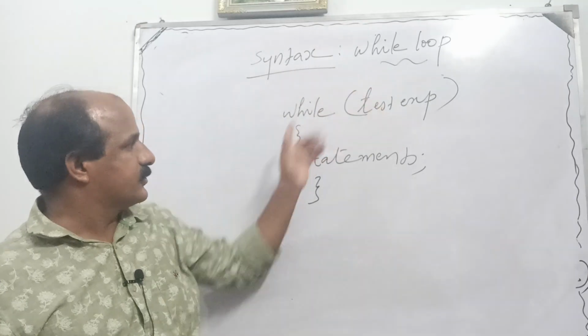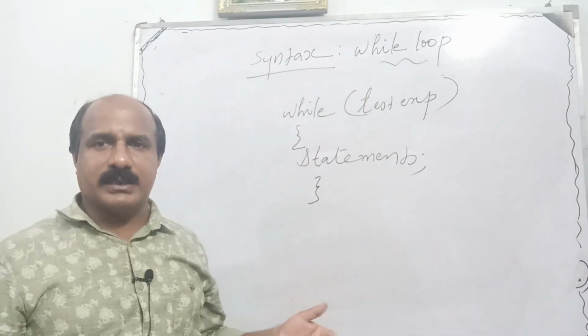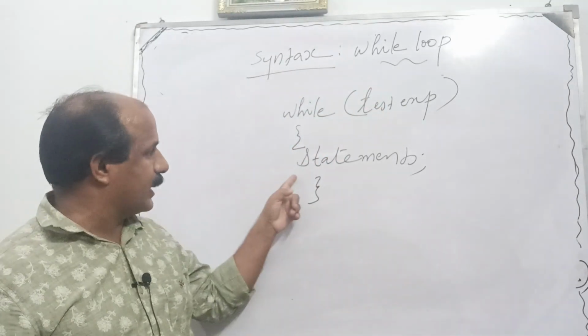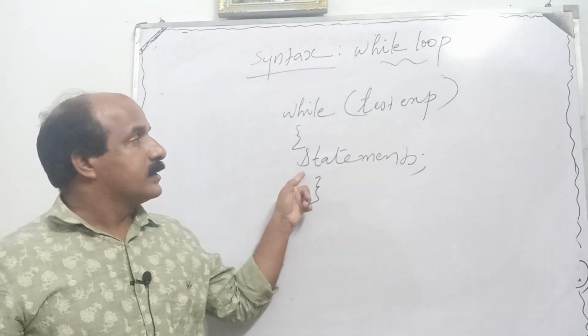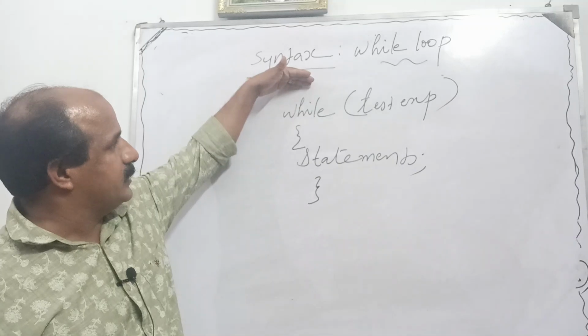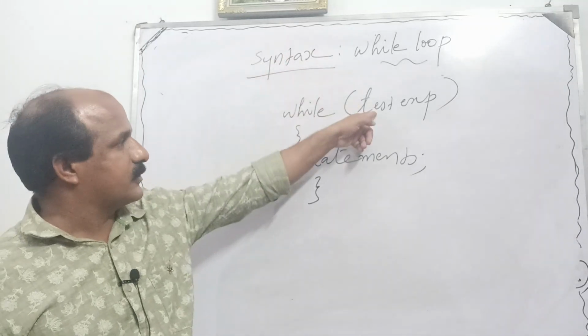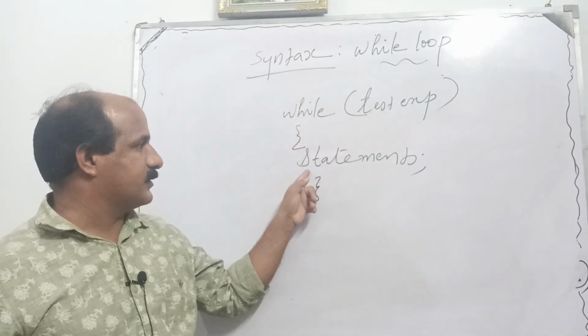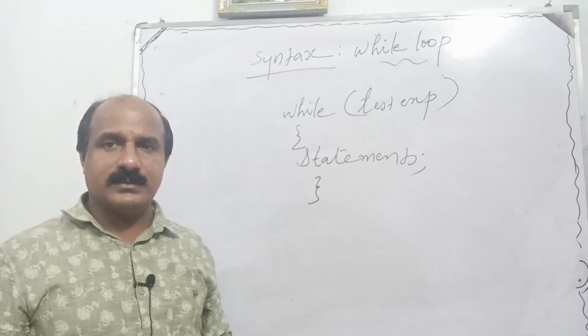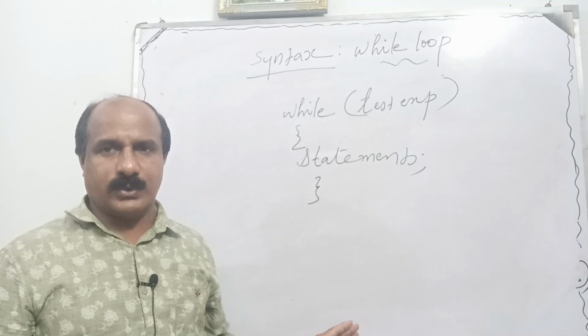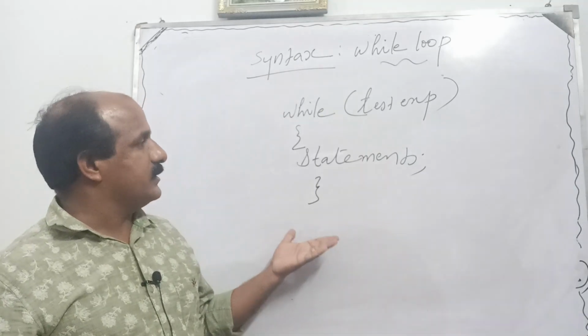Test expression, statements, increment or decrement, that is the updation. That updation you can mention within the loop, not outside the loop. So, initialization, then test expression, statements, increment. But as part of the syntax, these are the compulsory things. So this is the syntax.